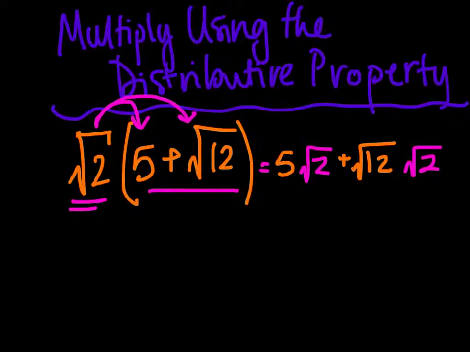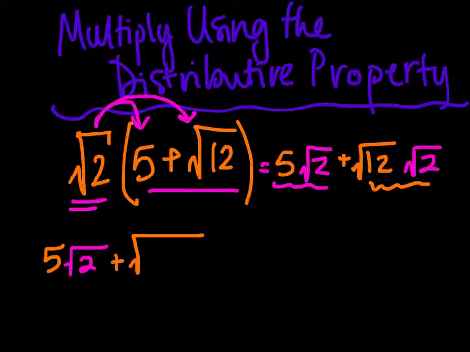So that 5 square root 2, that's pretty much all we can do with this information as of right now. But square root of 12 times the square root of 2, we can actually do something with that. That square root of 12 times 2 is going to go into that radical sign altogether.